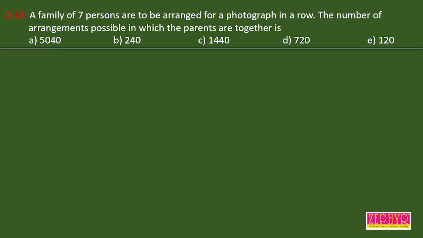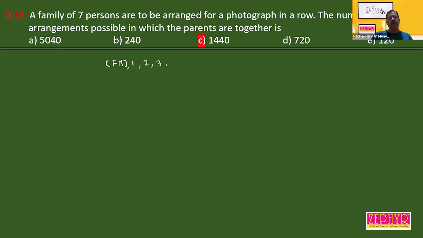Sir, it is 1440. Yeah, correct. Now, the parents are always together, that means father and mother, so you consider them as a single unit. Remaining, there are 5: 1, 2, 3, 4, 5.